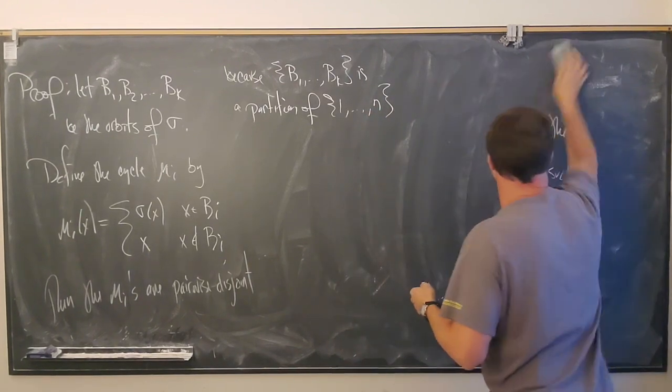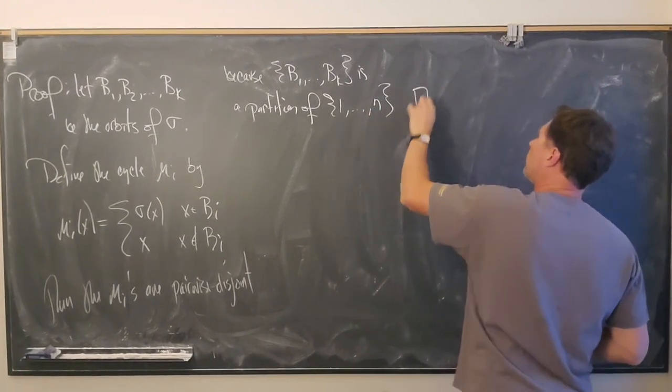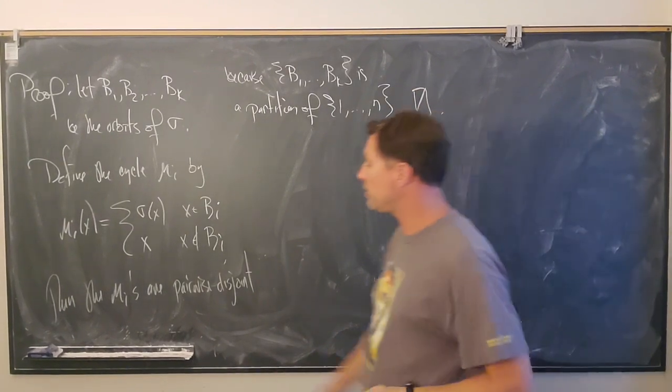And that completes the proof. All right, that's it. We just defined it and identified exactly who these mu sub i's are.